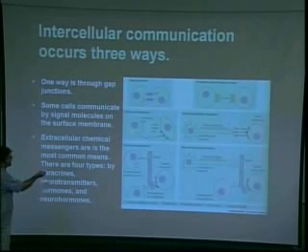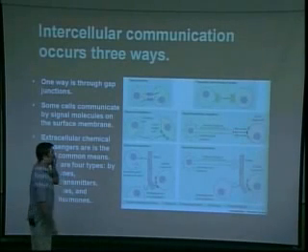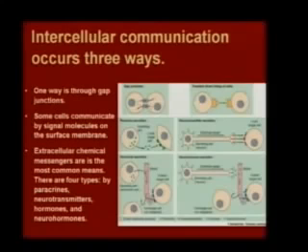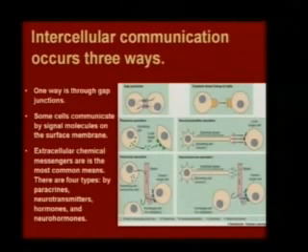All right, one way is through gap junctions. Now, I realize that that's not drawn to scale. They're much closer together than that. But these gap junctions allow direct sharing of materials from one cell to another, especially ions. Say it's sodium ions, little charged atoms of sodium or chlorine or potassium. They can fly back and forth from one cell to another and cause things to happen through those gap junctions.